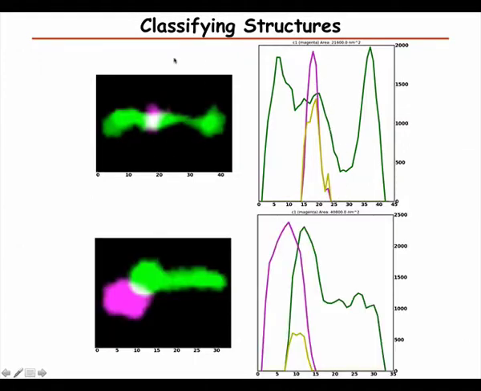So this is for the butterfly, where the magenta signal is well in the middle. And then we have the case of a caterpillar where there is an overlap, but the magenta particle is definitely to the side at the end of the fiber.